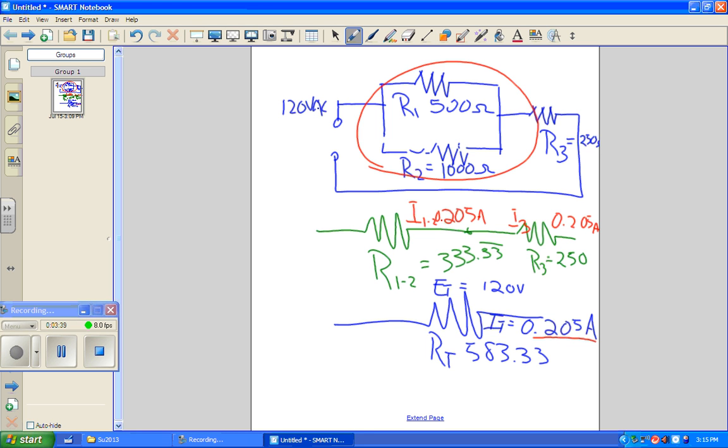And now we can see we have a voltage drop. If we write it P-E-I-R, we have I and R, and if we're going up, we would get our voltage drop, right?